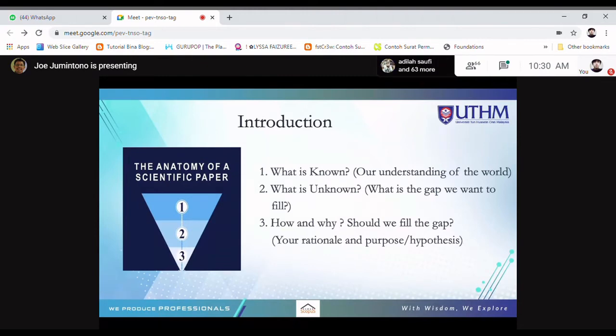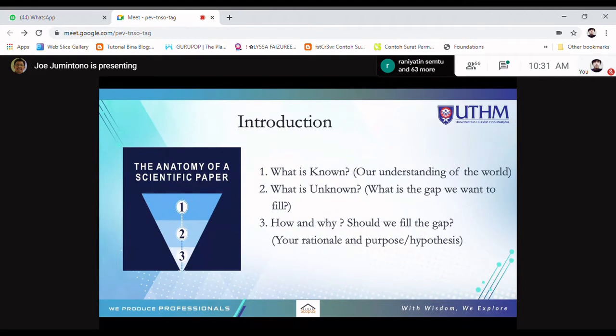Everyone knows, everyone understands, without doubt, without comment, and without question. What is known is a question, but when you write the paper, not the question again, but put the pernyataan, the statement.